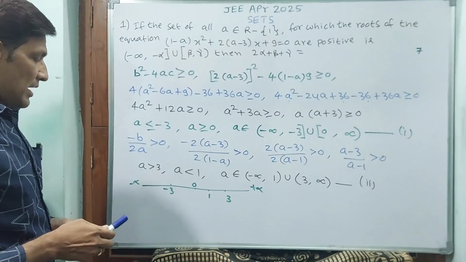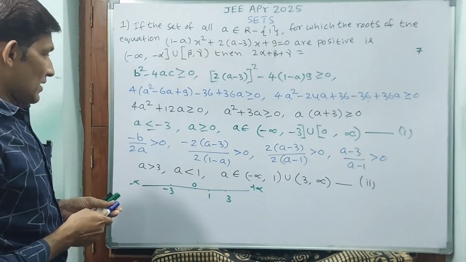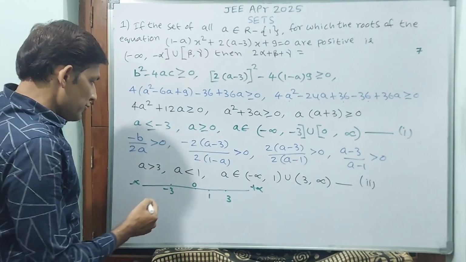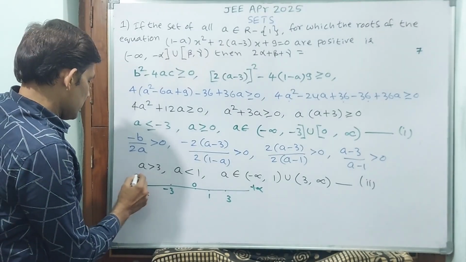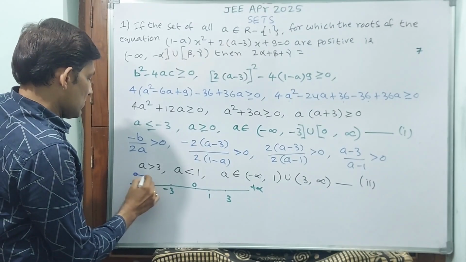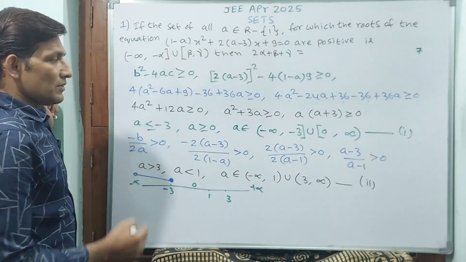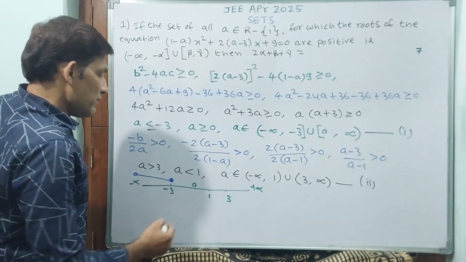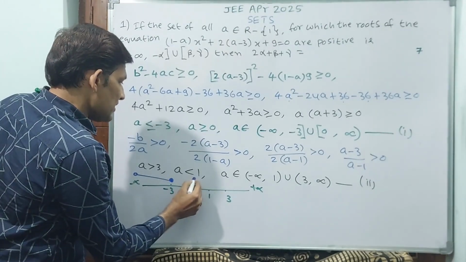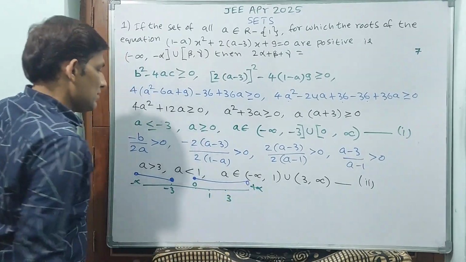Now one by one you draw on this. Minus infinity to minus 3, but minus 3 is a closed interval, closed bubble. This is one thing. 0 to infinity: 0 is a closed bubble, infinity an open bubble.